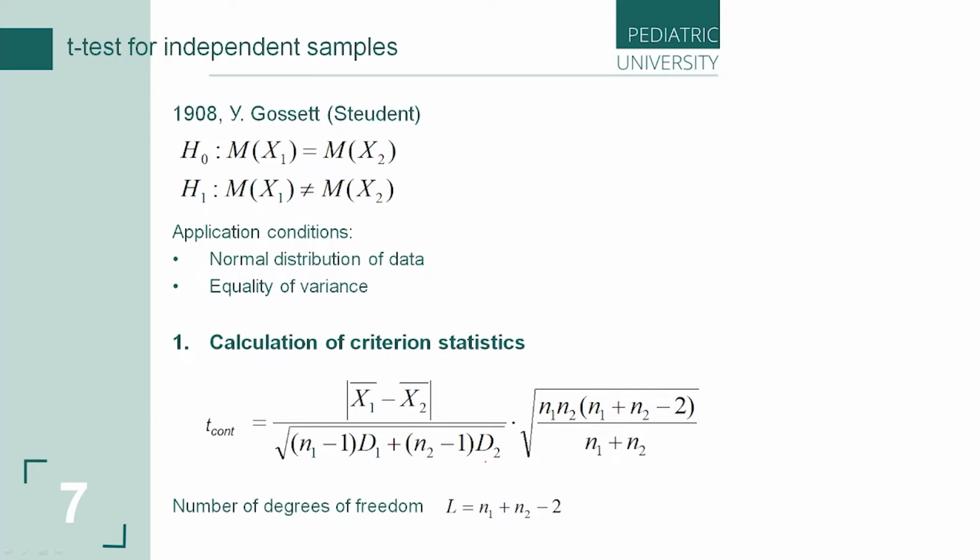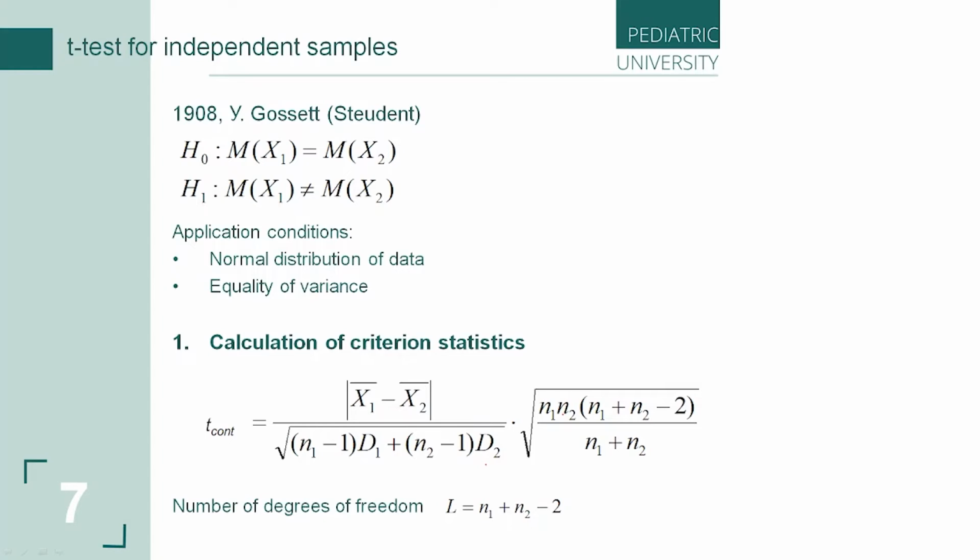In the numerator, we have the modulus of the difference of the mean values. N1 is the number of elements in the first sample, and N2 is the number of elements in the second sample. D1 is the sample variance of the first sample, and D2 is the sample variance of the second sample.